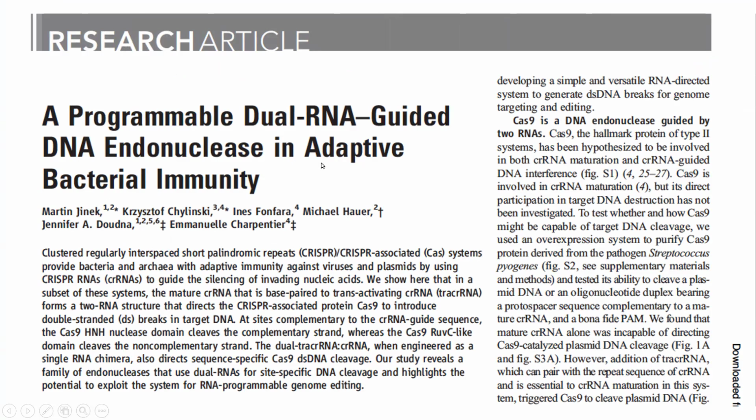Here you can see adaptive bacterial immunity. That means the CRISPR-Cas system. Basically, CRISPR means clustered regularly interspaced short palindromic repeats.